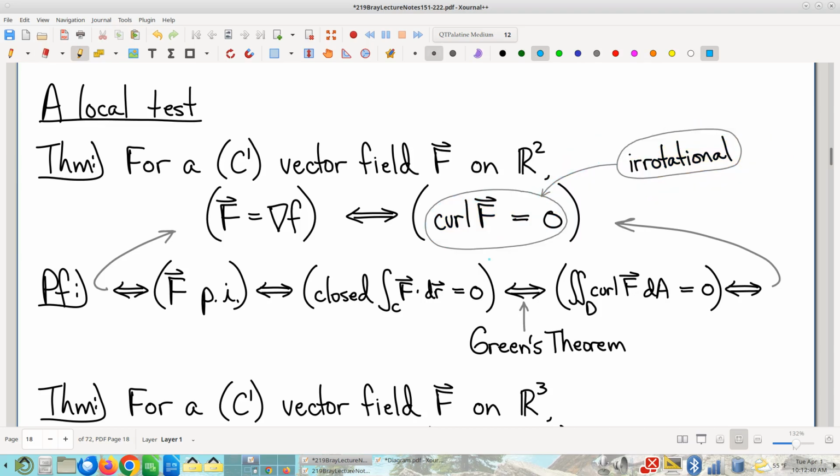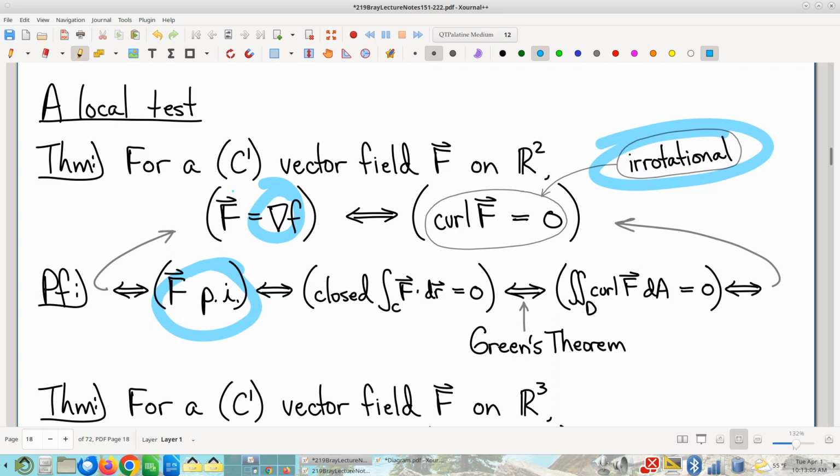Okay, what else have we got? We've got irrotational. We've got path independent. We've got gradient. Right? So now let's just take a quick moment to recognize, in the case where you have this nice condition, where it is a C1 vector field on R2, we've got a collection of vector fields that satisfy these three different properties.